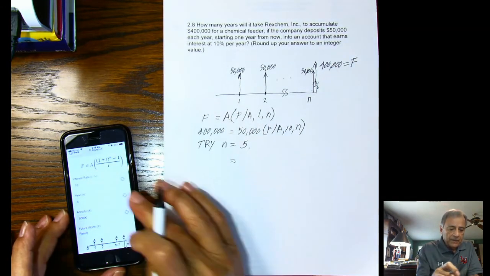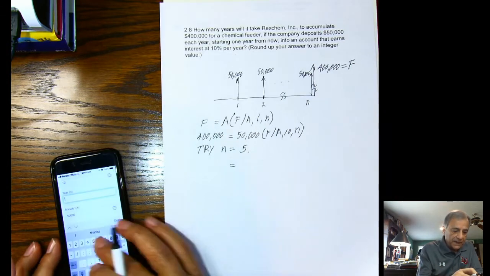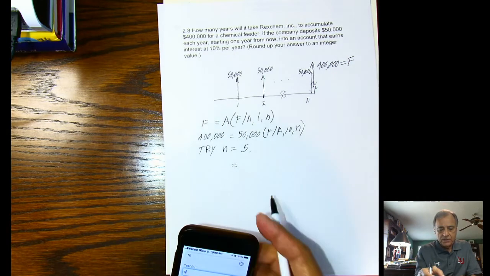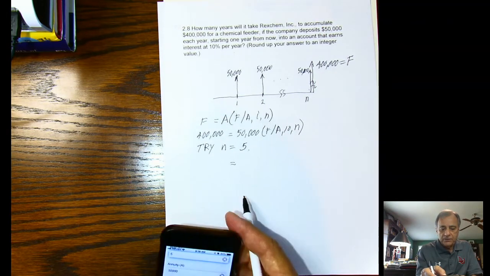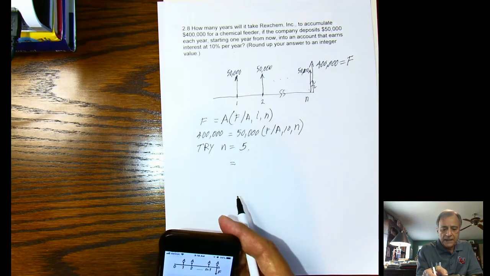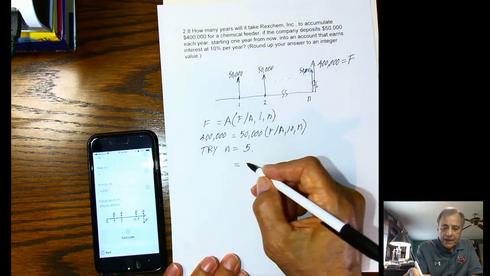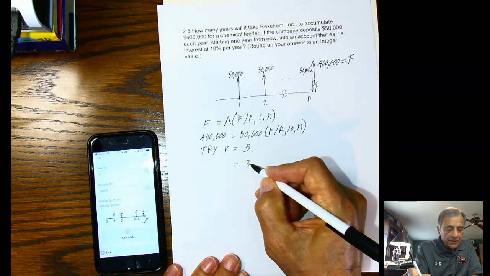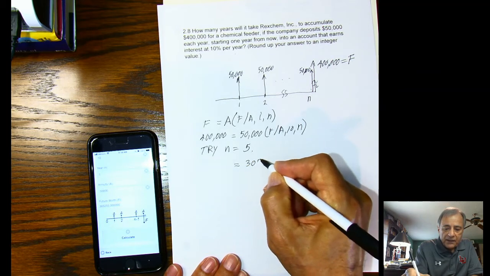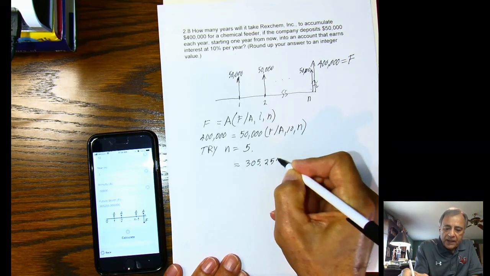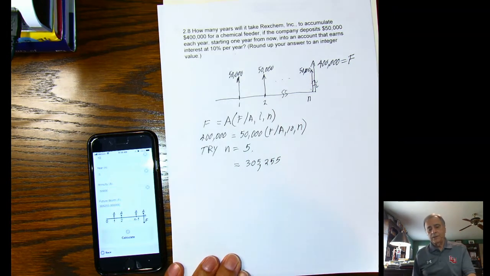I'm going to put in 5 for my n, 10% for my interest rate, and $50,000 for my A value, and I'm going to say calculate. And then I get the right-hand side is $305,255. So that's a little bit low.